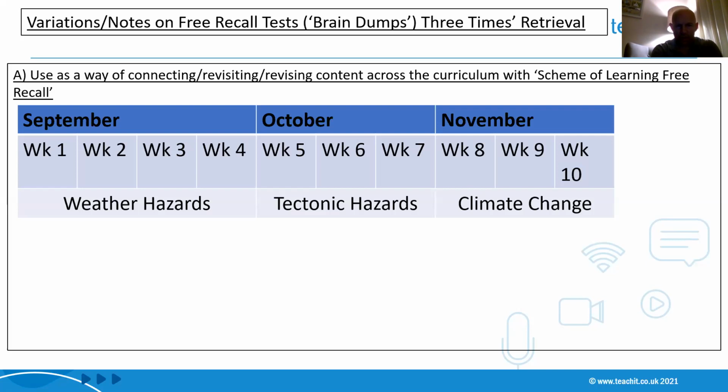And as we could see there on this imaginary scheme of learning, weather hazards had been covered, material covered in September. So that brain dump might take place in November or October, or a bit later on in, say, week 4 of the September scheme of learning.